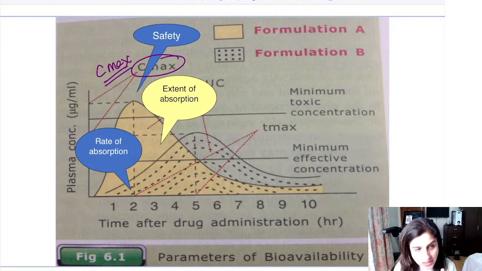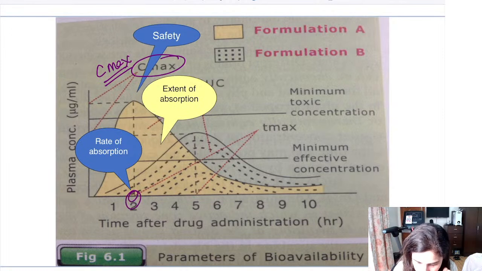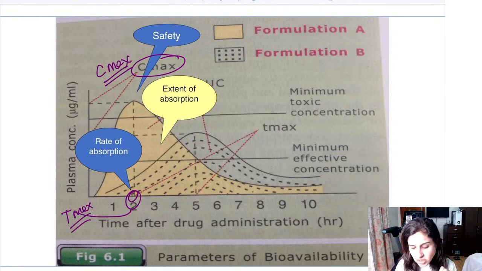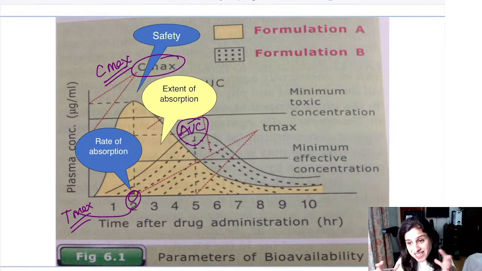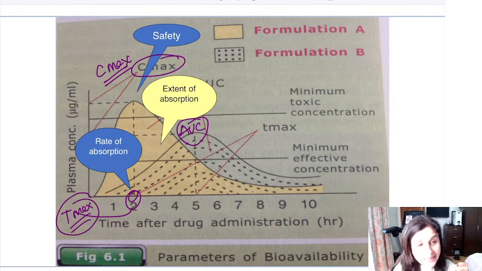The time taken to achieve that maximum concentration is called your Tmax. And the shaded portion, the area under the graph, is your area under curve, and that represents the extent of absorption. So the rate of absorption is because of the Tmax.